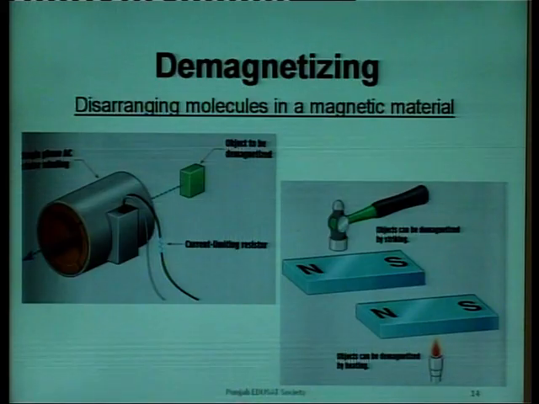Other ways to demagnetize are by striking: if we strike the object heavily with a hammer, it can be demagnetized. Objects can also be demagnetized by heating the materials.